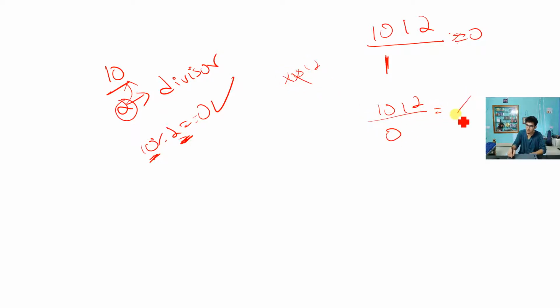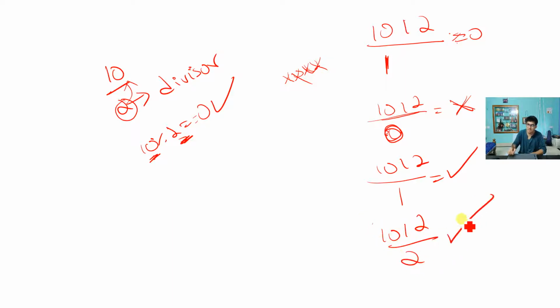Is the remainder 0? Anything by 0 is an exception, so it is not. Then 1012 divided by this digit 1. Yes, it is possible. Then finally 1012 divided by 2. Yes, this is also divisible. So how many tick marks are there here? 3 tick marks. 3 digits can divide it completely. Okay, that is what it is.